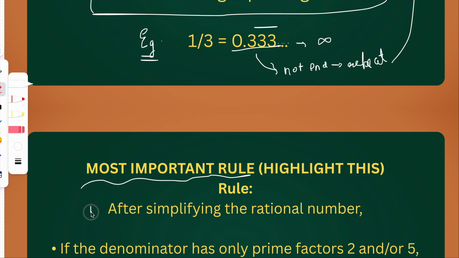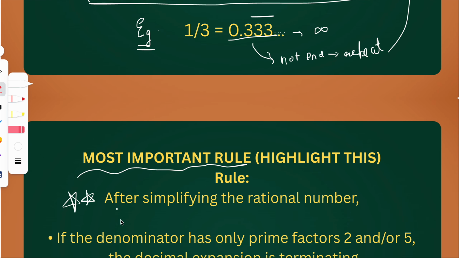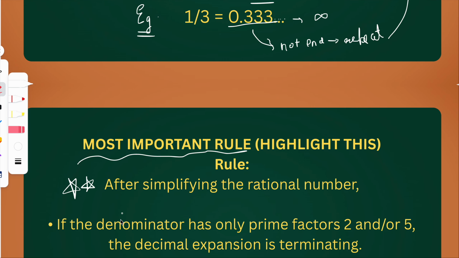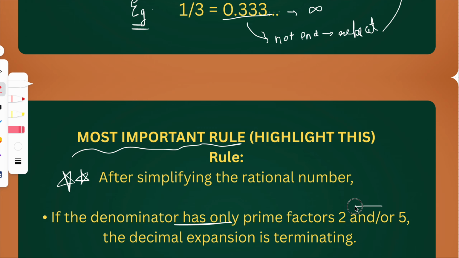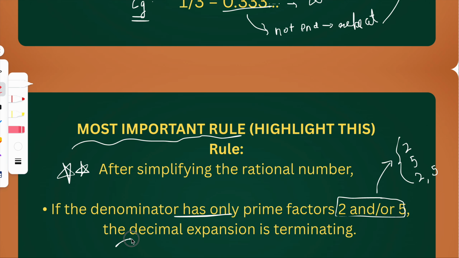So first is, after simplifying, this is a very important line, after simplifying the rational numbers, basically आपको पहले simplify करना पड़ेगा rational numbers को, and then you need to check if the denominator has only prime factors 2 and/or 5. बेसिकली इसका मतलब क्या होता है? अगर डिनोमिनेटर के प्राइम फैक्टर्स या तो 2 हो, या तो 5 हो, या तो 2 और 5 दोनों हो। If the denominator has only prime factors 2 and/or 5, the decimal expansion is basically terminating. Highlight this word, terminating.